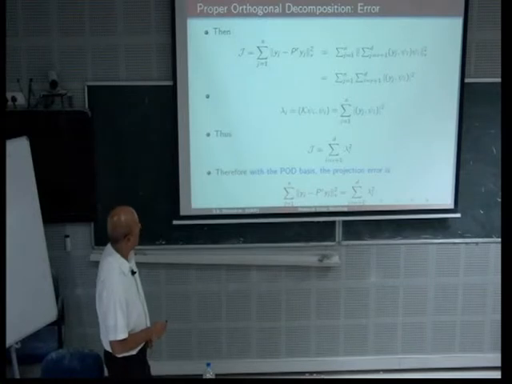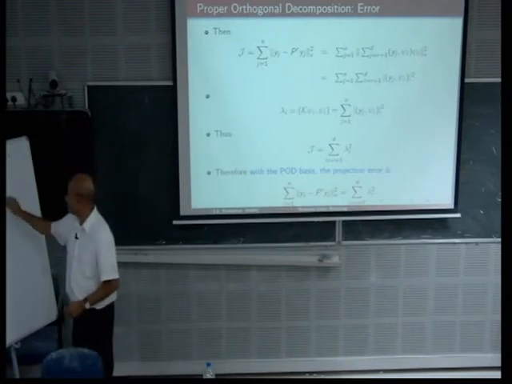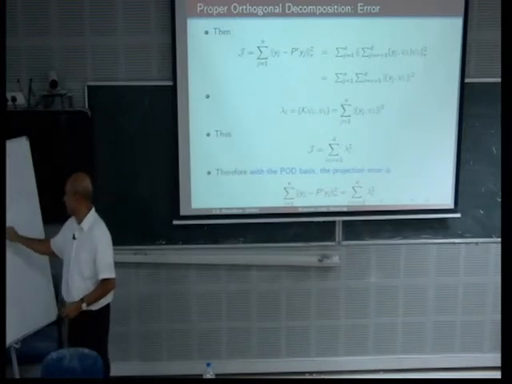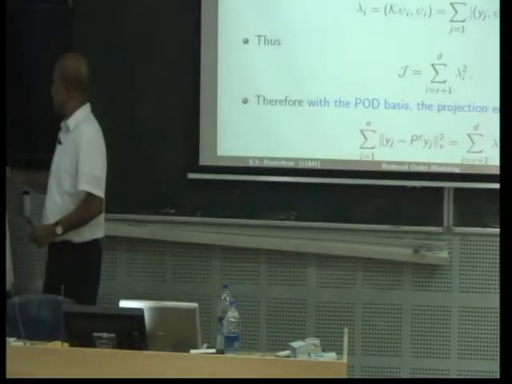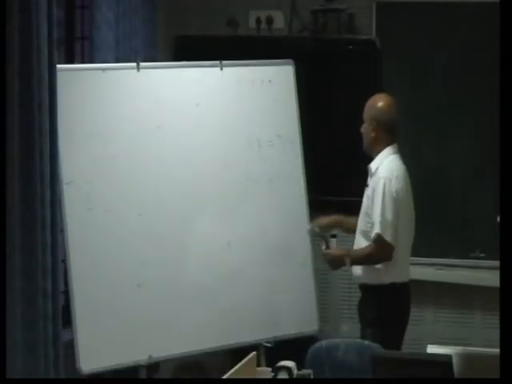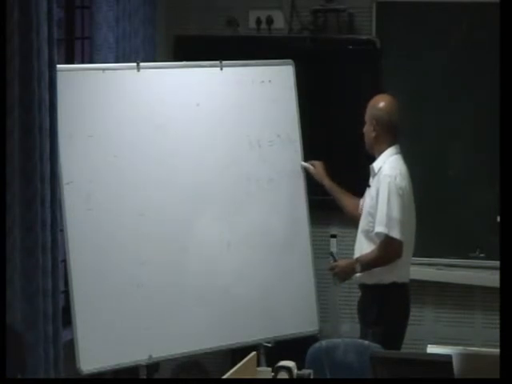Now K psi_i, this psi_i is an eigenvector of K, so you have lambda_i psi_i. So if you take the inner product of K psi_i with psi_j, you get lambda_i times the inner product of psi_i with psi_j.